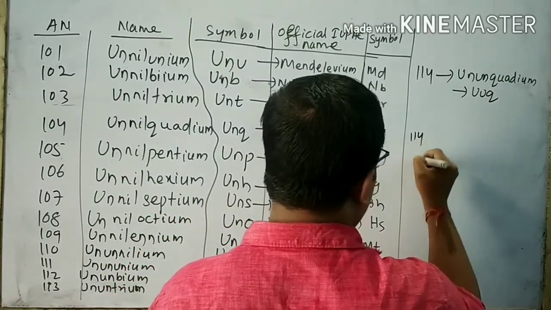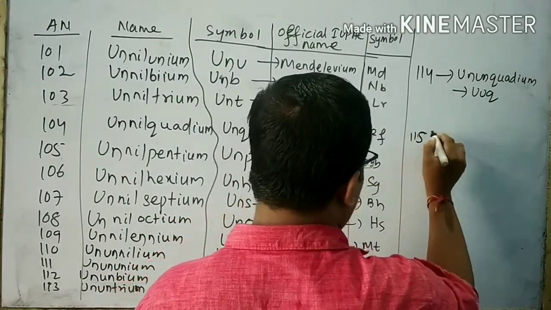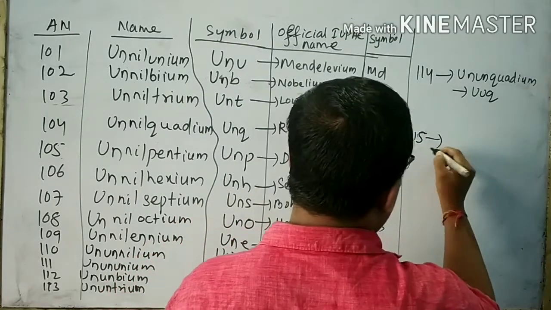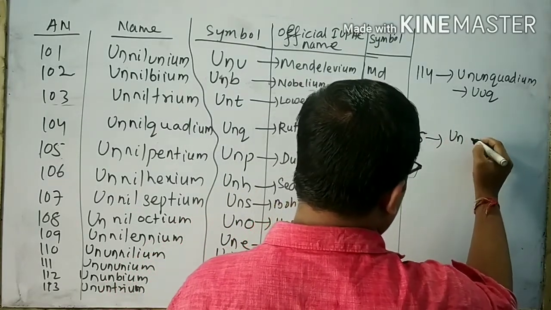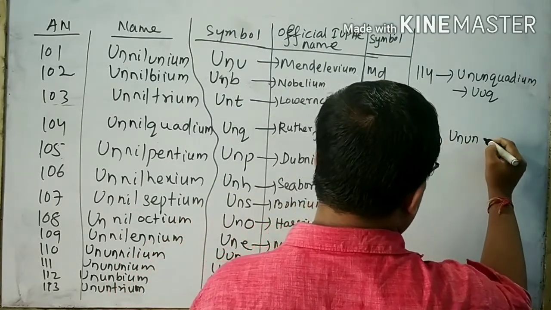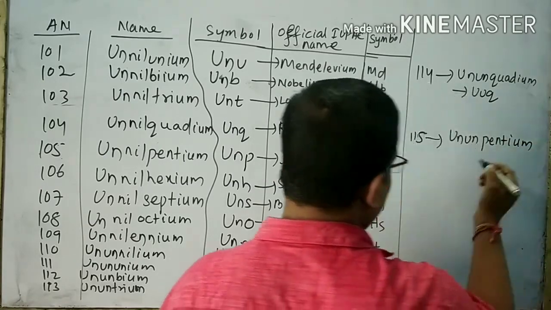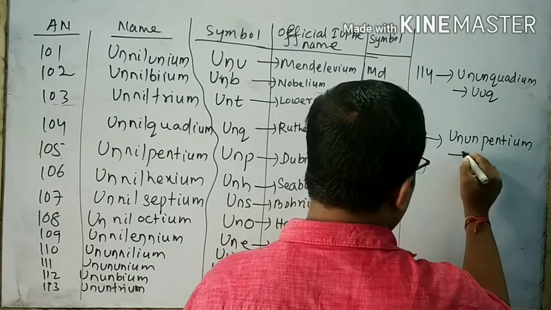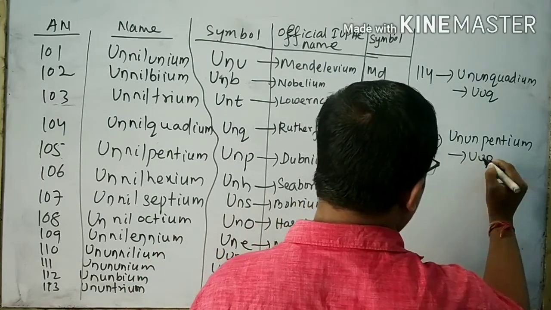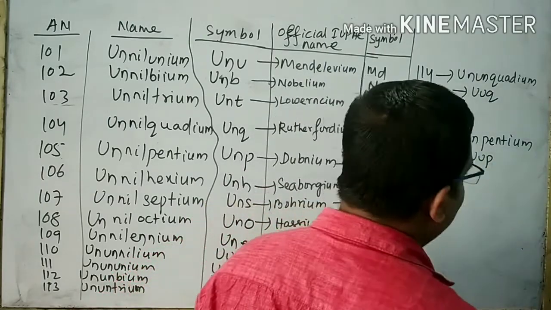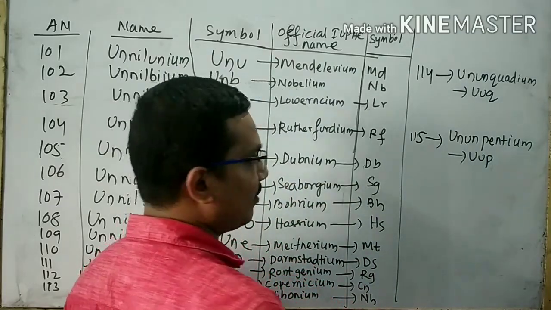Next I will discuss the element which has atomic number 115. The name is un un pentium, and the symbol is UUP. It also has an official name and symbol.